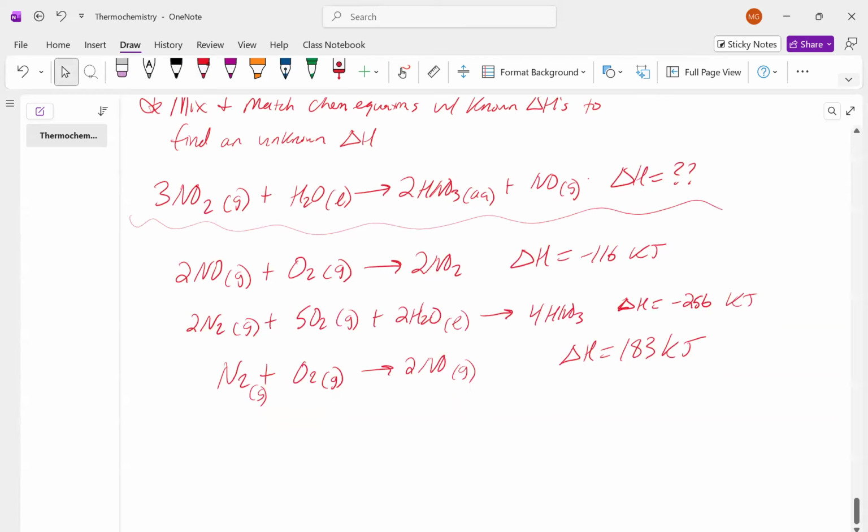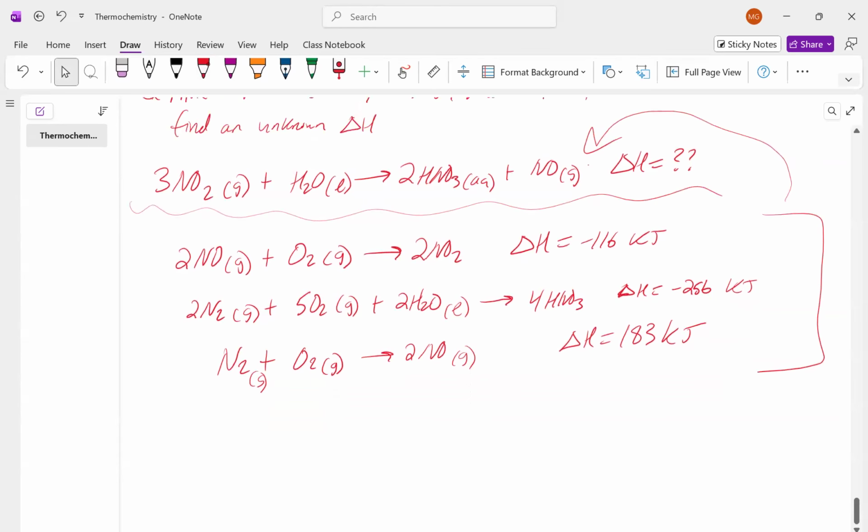Okay, so think of this like a puzzle. What I'm going to do is manipulate these three equations to eventually add up to this one. I'm going to flip them around, multiply, divide by stuff, and eventually I'm going to get to that original equation.